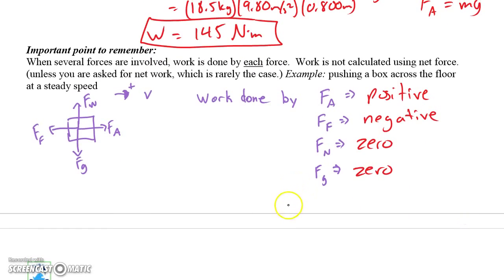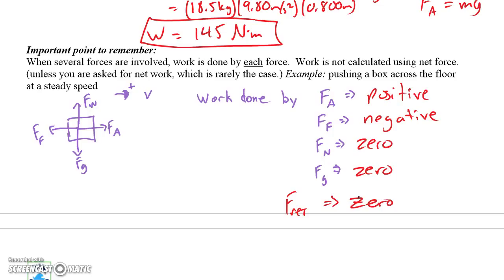We can do one more, and if we wanted to think about Fnet, which we rarely do when we're talking about net work, but the net force would be related to the net work done. And in this case, we know the net force has to be zero, and if work is force times distance, if the net force is zero, then the overall work done also has to be zero.